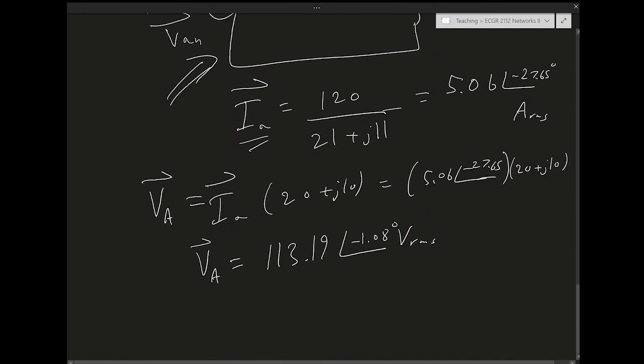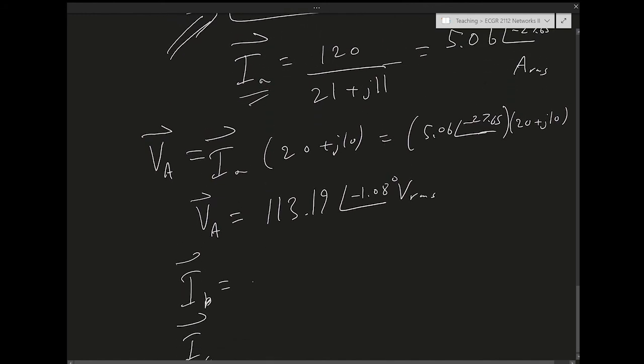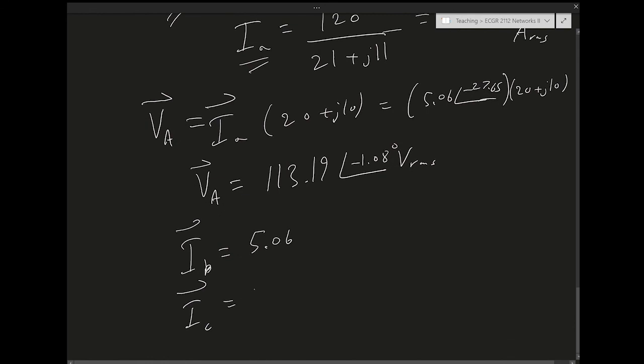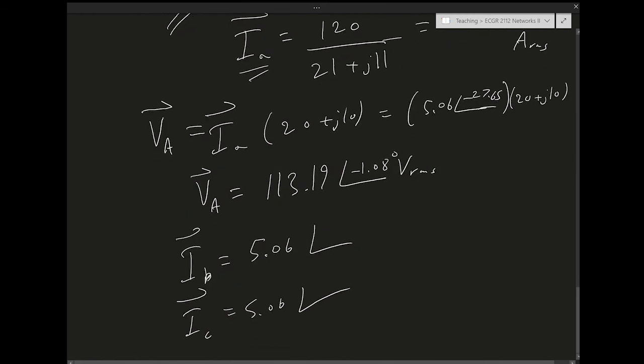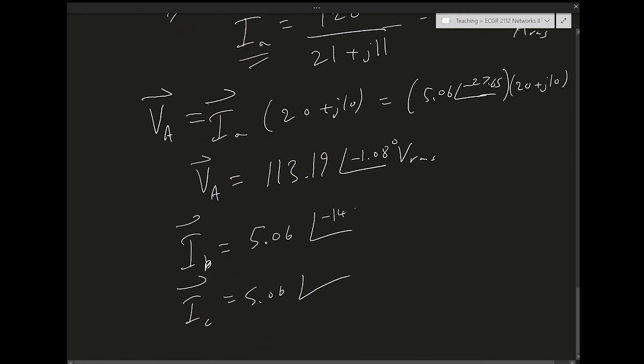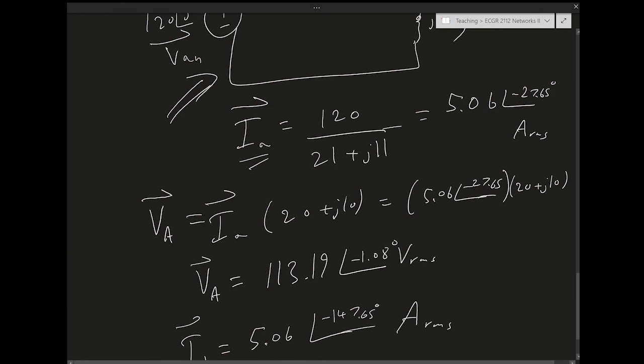Let's say you know IA. What would IB and IC be? Because it's a balanced situation, the magnitude is the same, 5.06, but now the phase relationships should hold. So I can take this angle and subtract 120 from it, and I end up with minus 147.65 degrees. I don't have to do anything new. I only have to subtract the angle, and then I can take this angle to find IC, either add 120 or subtract 120.